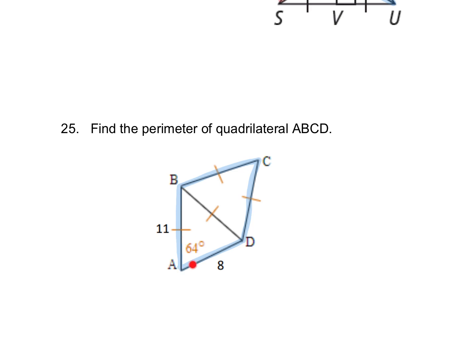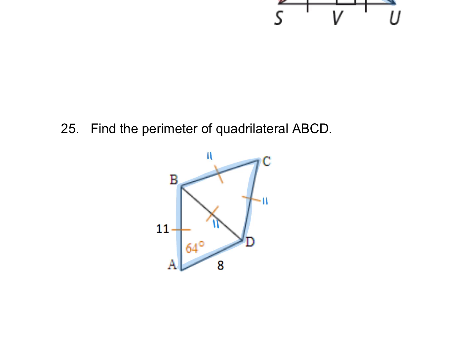So this triangle here on the left side, we have two congruency marks making this an isosceles triangle. Isosceles triangle has two congruent sides. We know that AB is 11, so that makes BD also 11. Then I notice that over here, this triangle has 1, 2, 3 congruent sides. Equilateral triangles have 3 congruent sides, and we just figured out that this one was 11, which means this side is 11 and this side is 11.